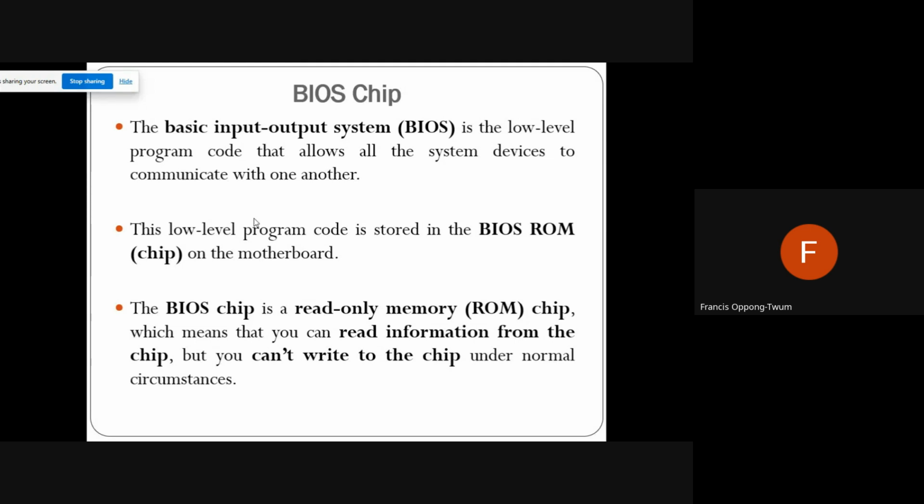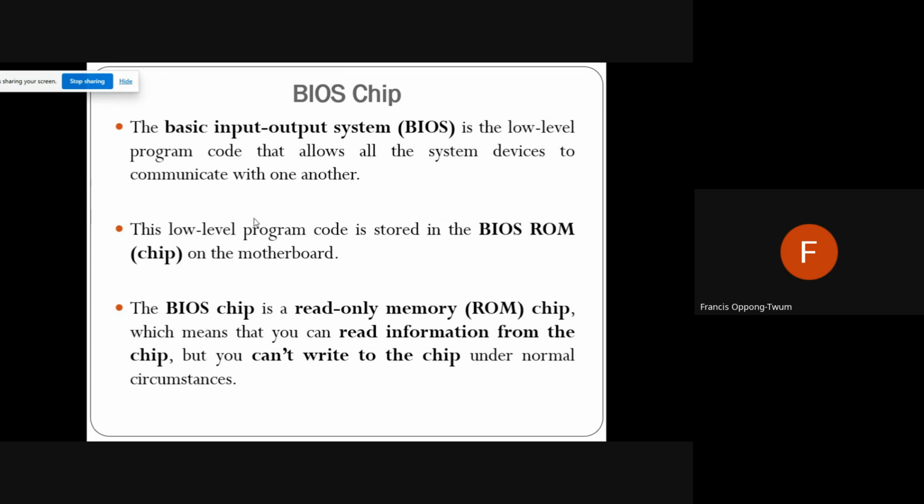Okay, so we have the BIOS chip also on the motherboard, and the BIOS in full we call the basic input output system.